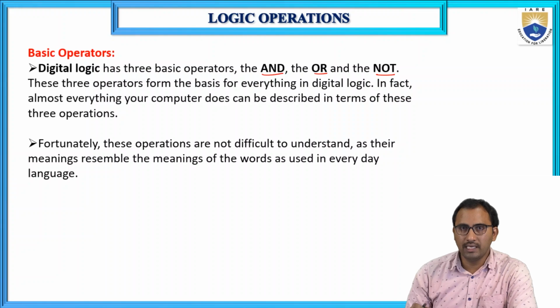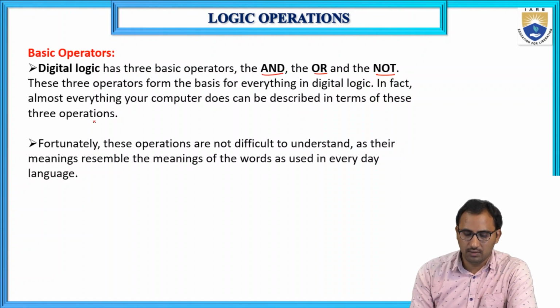So these are the basic gates. Using that we can realize any other logic operation. So these three operators form the basis for everything in digital logic. In fact, almost everything your computer does can be described in terms of these three operations.